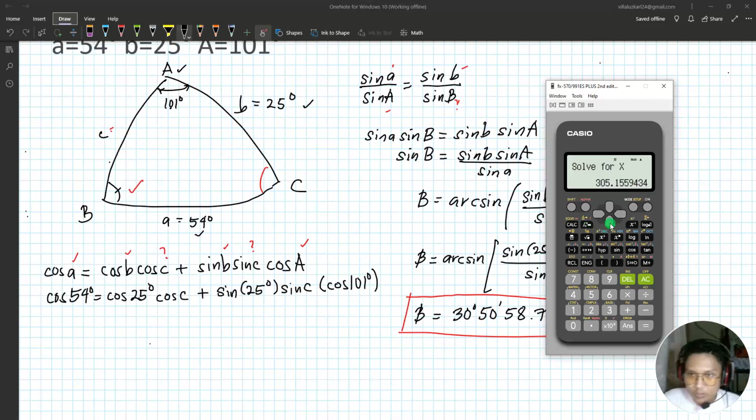So we will input an initial value, any value. But I will assume a possible answer here. Let's say 90 degrees. Of course, our calculator will solve for the correct answer. If I put 90, then equals, the answer will be 44.67497. Okay?